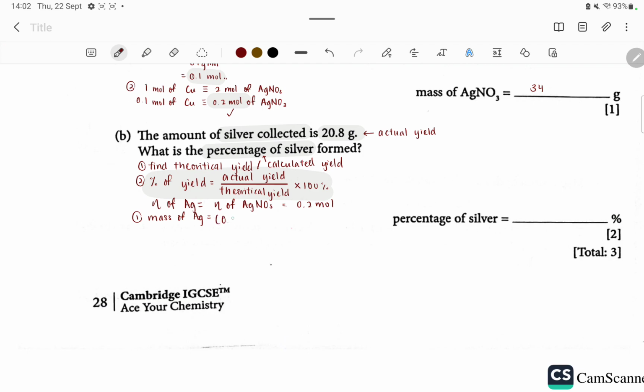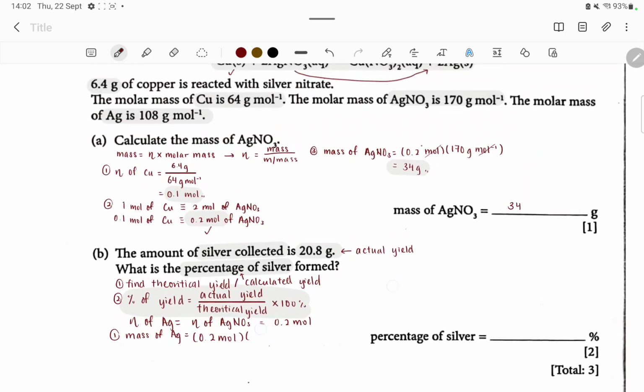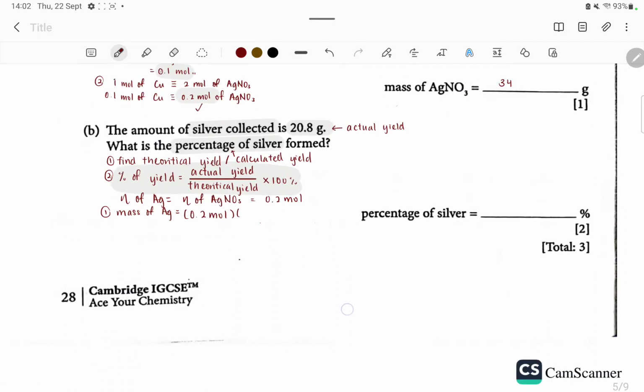So 0.2 mole and then multiply with Ag 108. Press calculator, you should get 21.6 gram. This is your first mark.